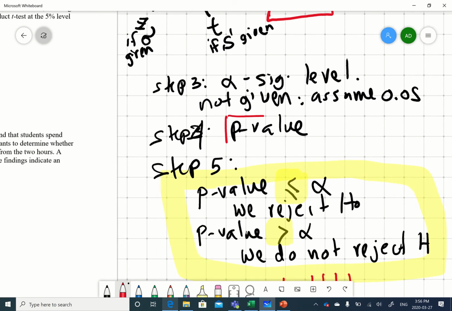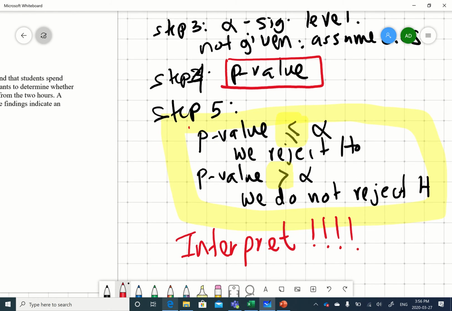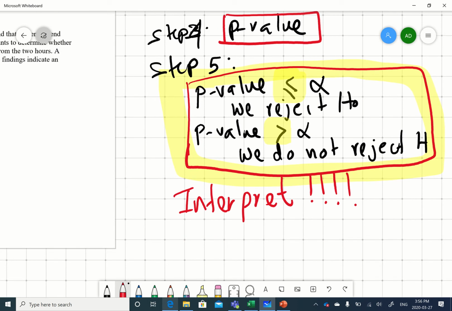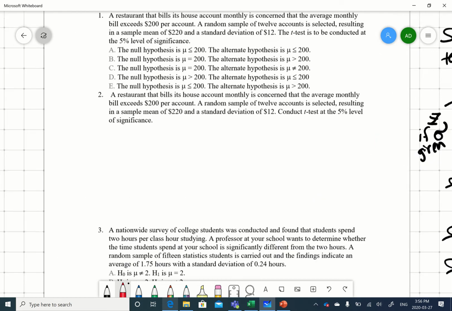What is the p-value you get? Extremely important. And then you provide the conclusion, make the right conclusion. And that's not it. In order to get the full marks, you must provide the interpretation. So I'm going to walk you through this process using the chapter worksheets today to give you some practice.